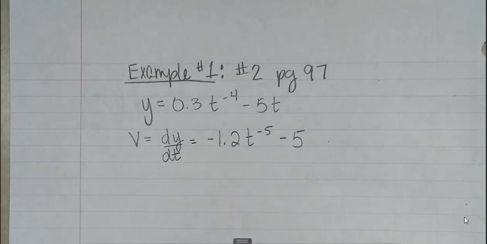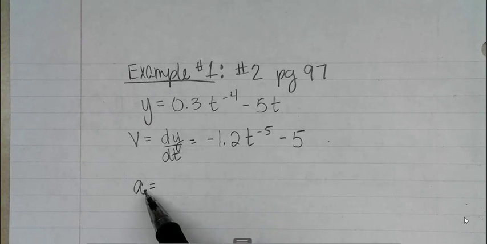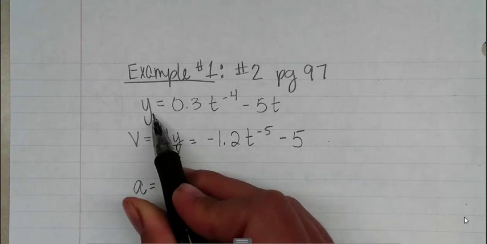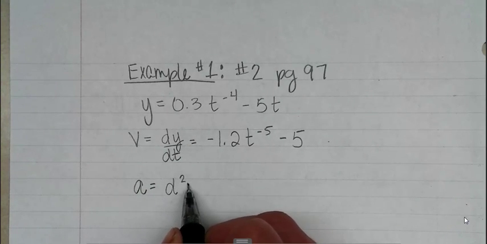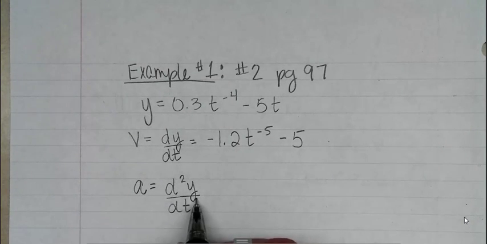Now in addition to that, we need the acceleration function. Now acceleration is the derivative of velocity. So that means I'm going to take the second derivative of y with respect to time.